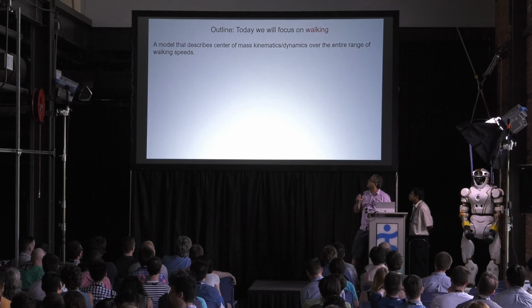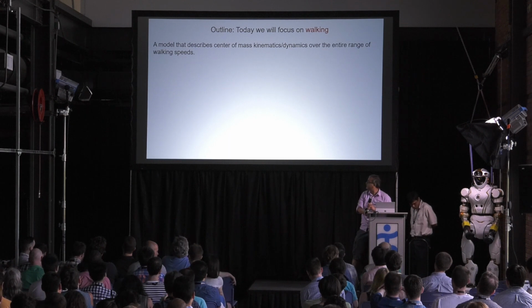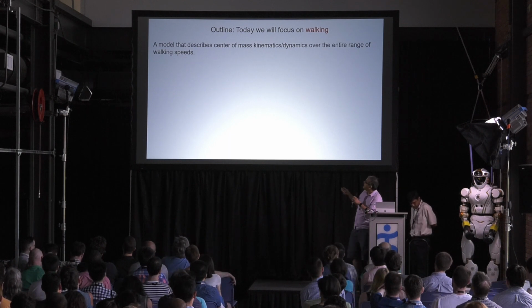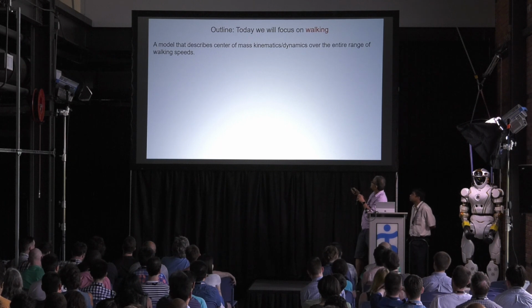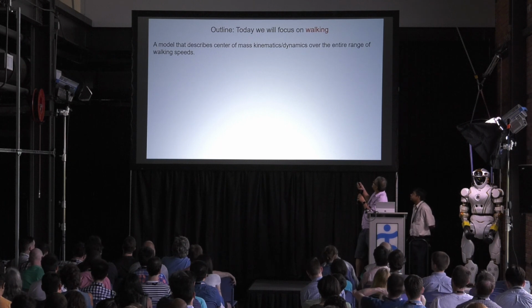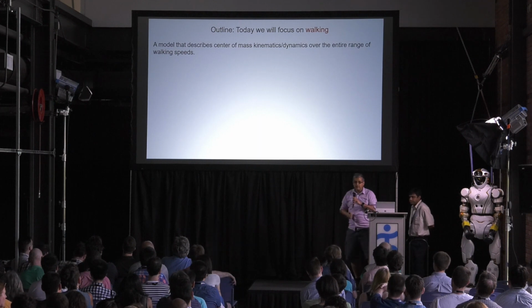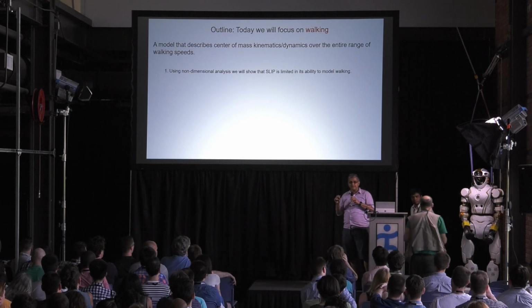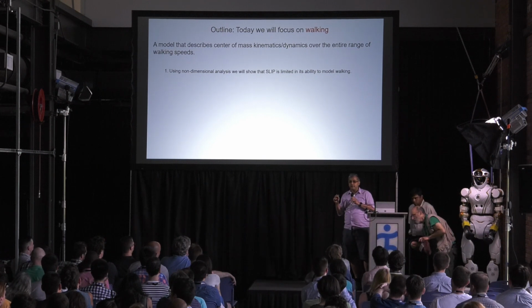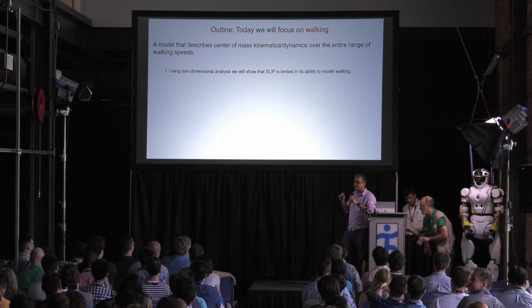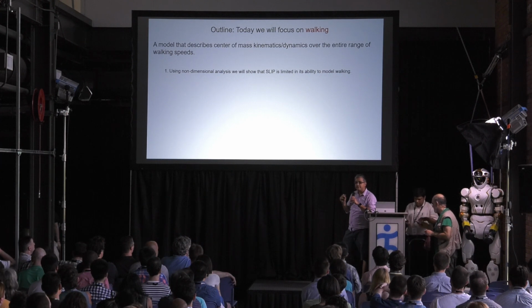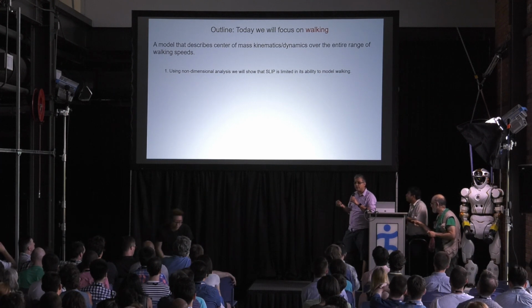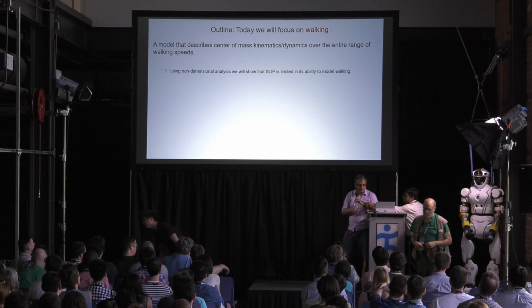What we will do today is talk about the progress we have made in developing a model for the center of mass kinematics and dynamics over the entire range of walking speeds. Specifically, we want to do three things. In recent years, SLIP has been used not only for running, but also for walking.